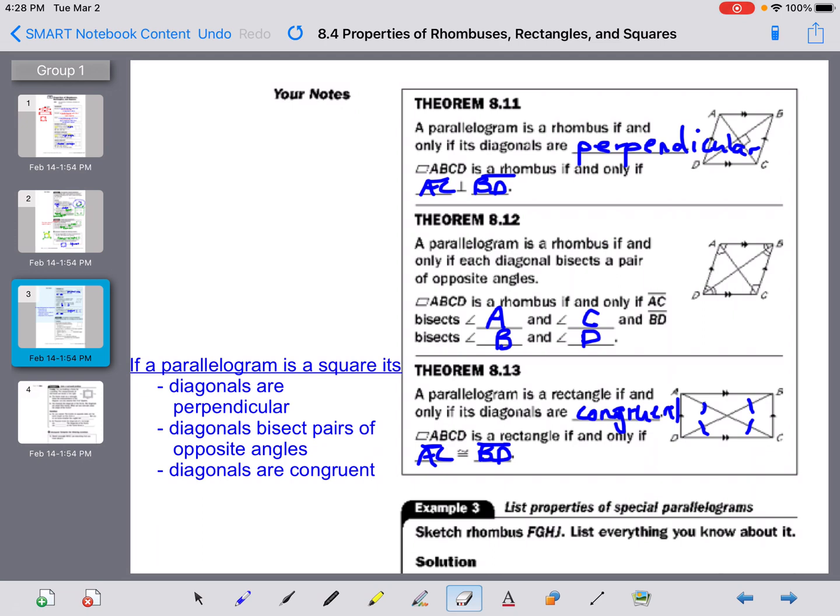Its diagonals bisect the pair of opposite angles, just like the rhombus. Its diagonals are congruent, just like the rectangle. So the rhombus had 2 new rules, the rectangle had 1 new rule, but really the square has 3 new rules because it gets all 3 of them. So if you haven't copied that, copy it. If you need to, pause the video and copy it, but make sure you realize that all of those properties go to a square.